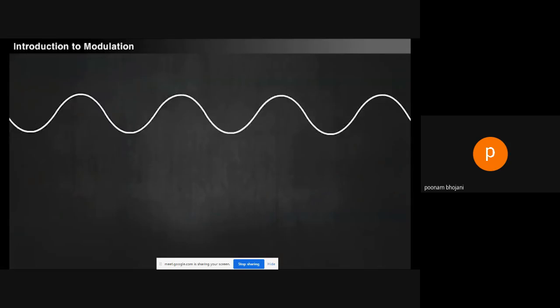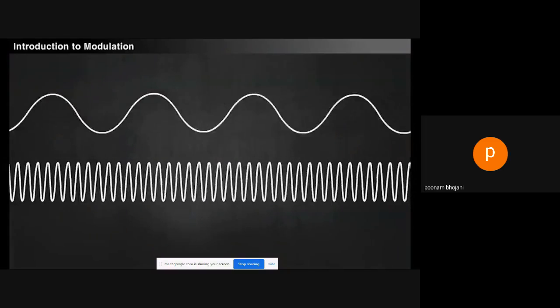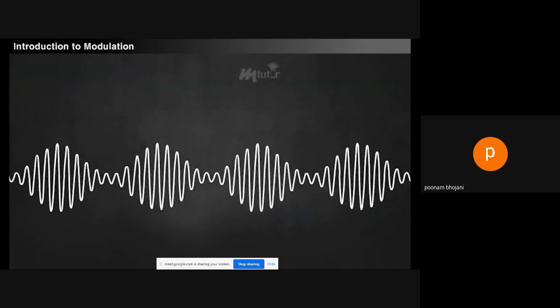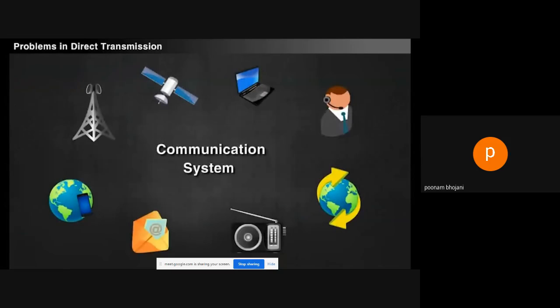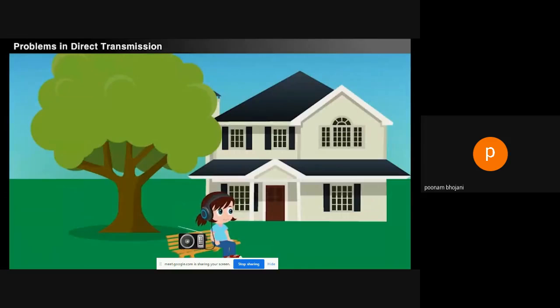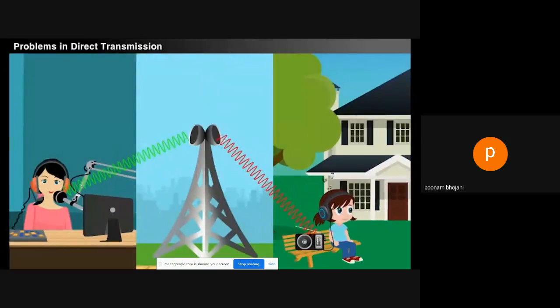By superimposing the low frequency message signal with the high frequency carrier signal, we can send the message over longer distances. One of the popular communication systems where the process of modulation is applied is radio communication. Most of us have a radio in our house, right? Radio gets the signals from the base station.